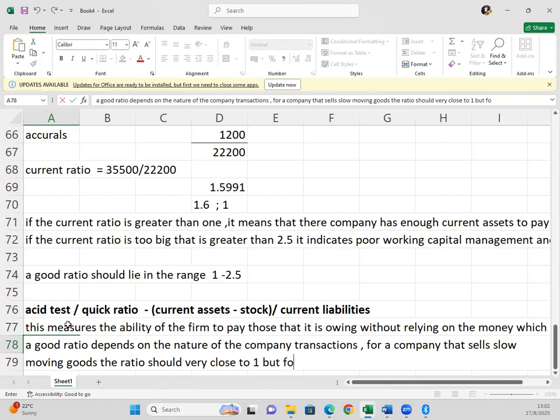But for companies that sell fast-moving goods, the ratio can be lower.